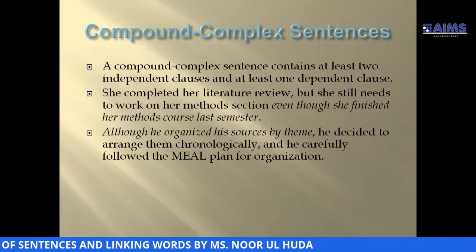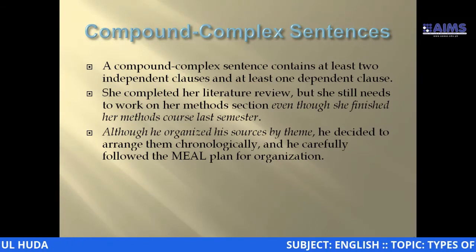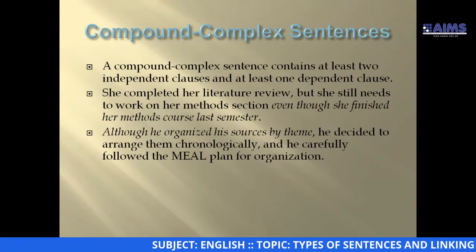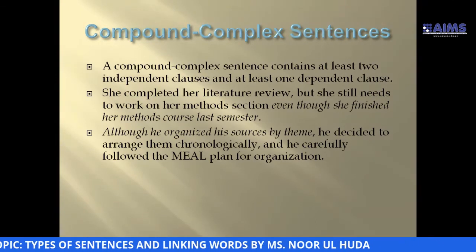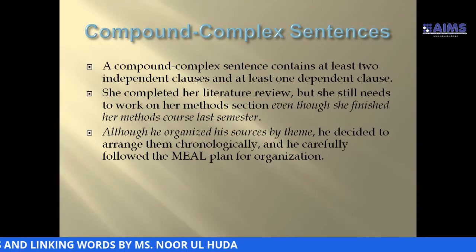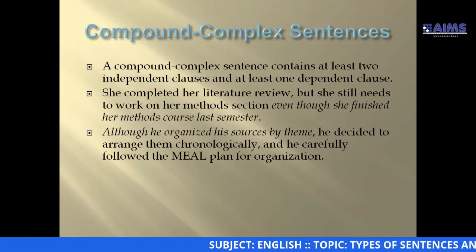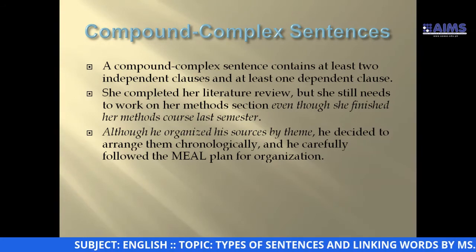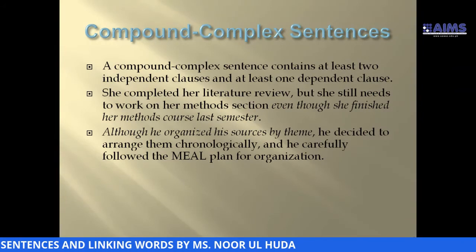He decided to arrange them chronologically is independent, and to combine two simple sentences we put "and," one of the FANBOYS conjunctions. He carefully followed the meal plan for organization. So two independent and one dependent clause. Here we have formed a compound complex sentence.